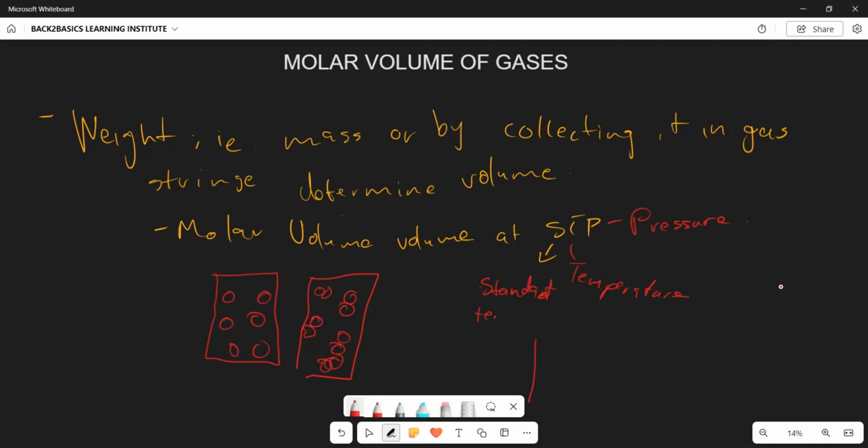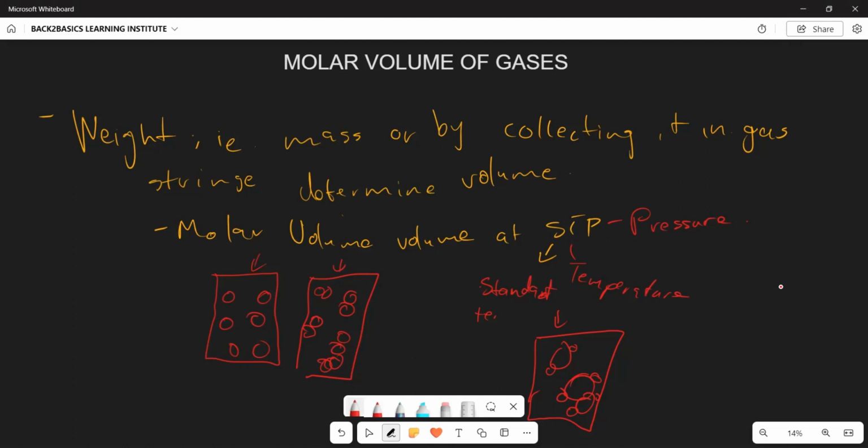And let's say I give you another sample, where you have these molecules in this one as well. We are saying these are different gases and they have the same volume, which means the space that they occupy is the same, and the temperature and pressure are the same.